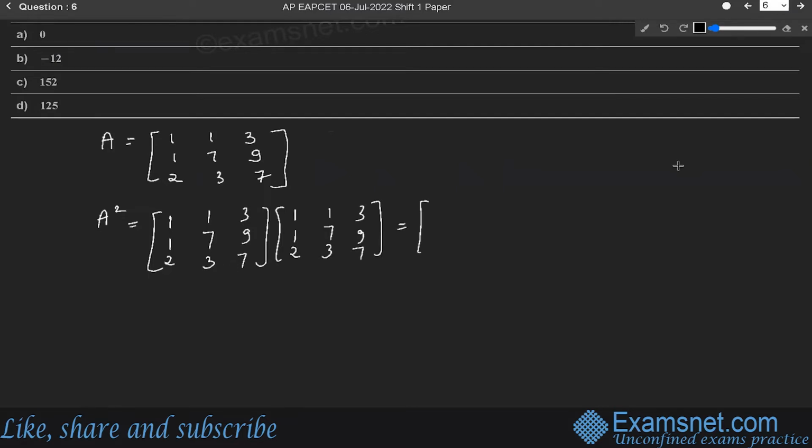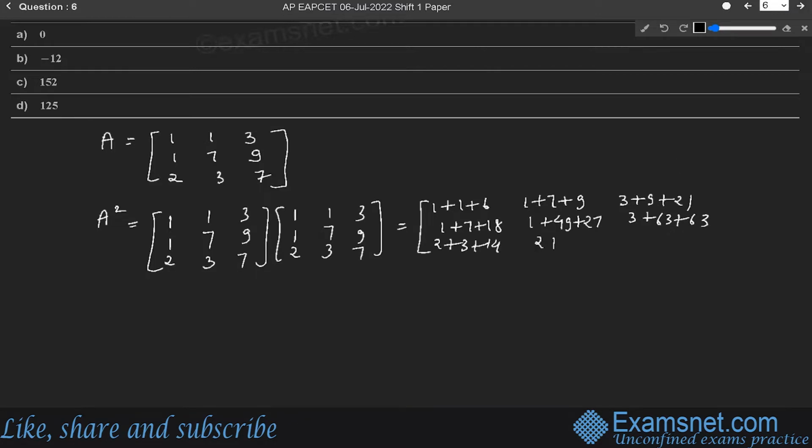Which will be equal to 1 plus 1 plus 6, 1 plus 7 plus 9, 3 plus 9 plus 21, 1 plus 7 plus 18, 1 plus 49 plus 27, 3 plus 63 plus 63, 2 plus 3 plus 14, 2 plus 21 plus 21, 6 plus 27 plus 49.